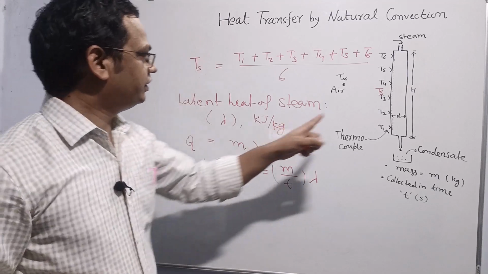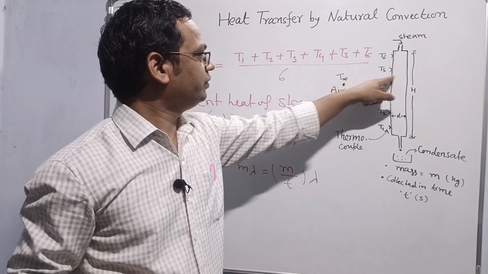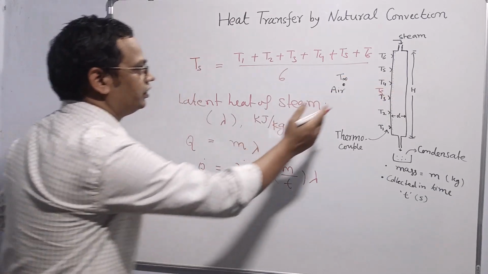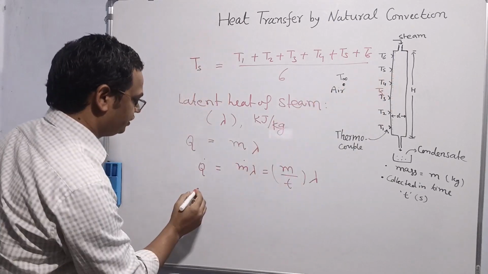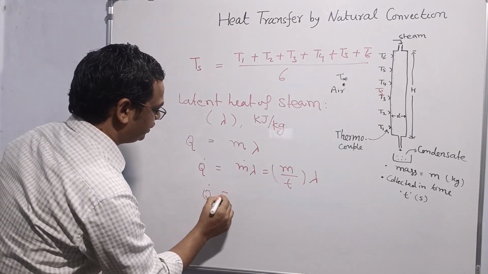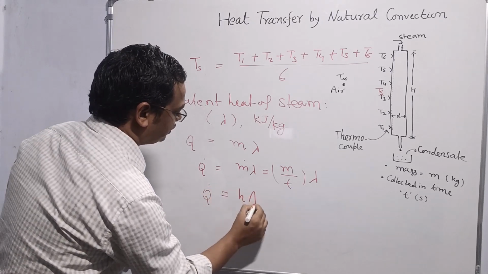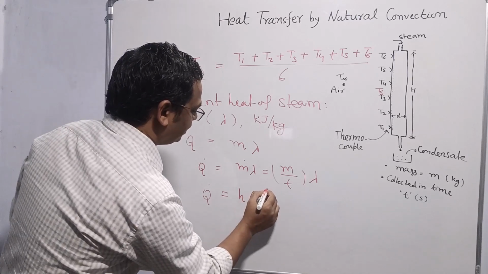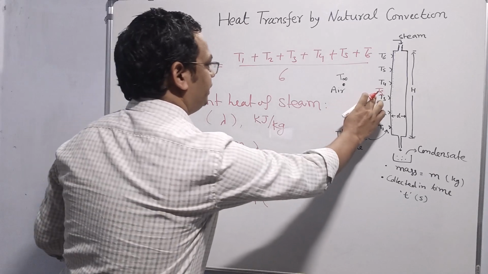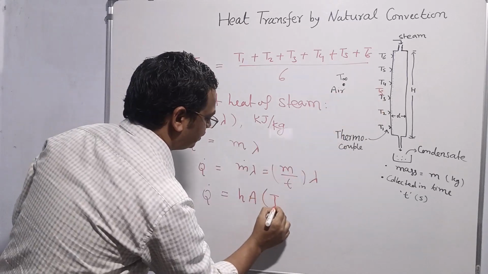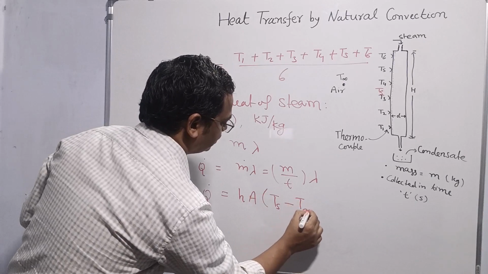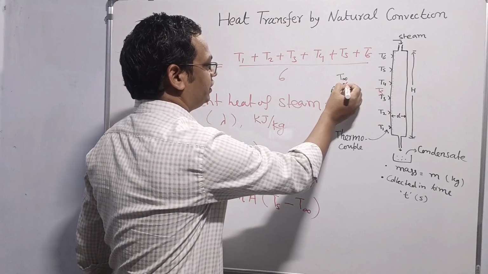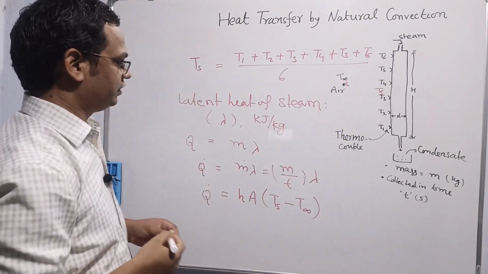Next, we know that the heat transfer rate in this direction will be constant. So heat transfer rate from the outer surface to the surrounding, we can find: Q dot is equal to hA delta T, heat transfer coefficient, heat transfer surface area, and delta T. Delta T means Ts minus T infinity. T infinity is also measured using thermocouple.